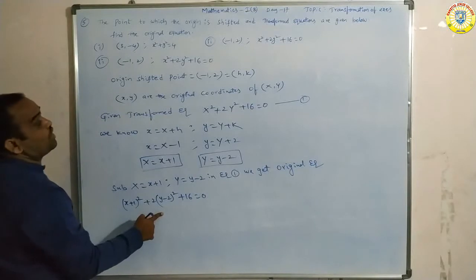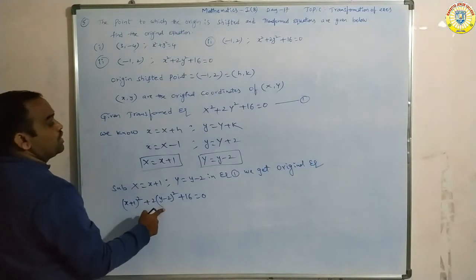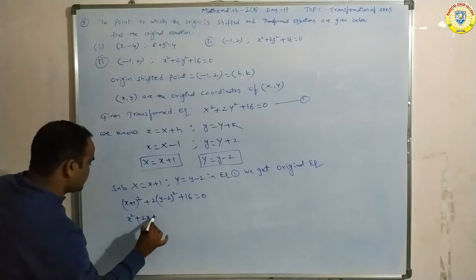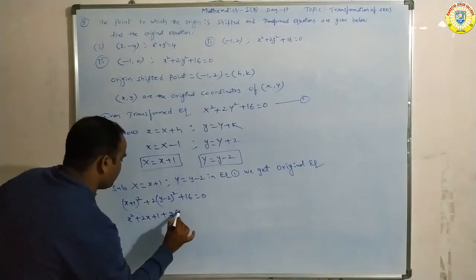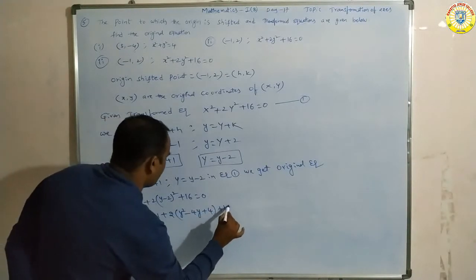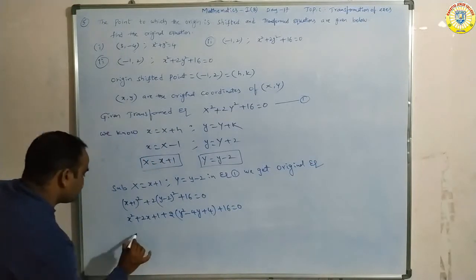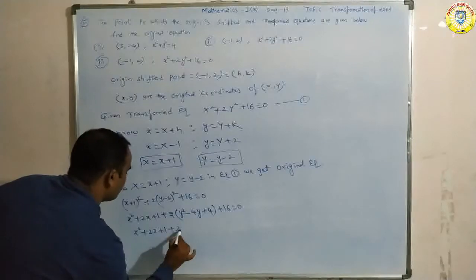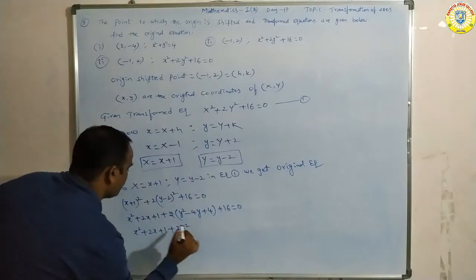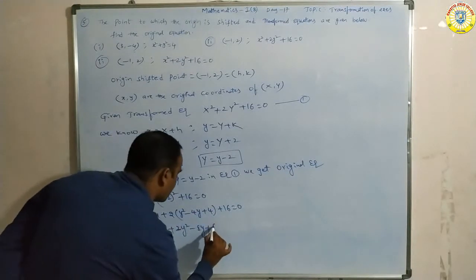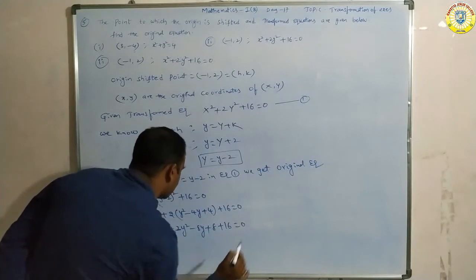Now we simplify: x square plus 2x plus 1, plus 2 into y square minus 4y plus 4, plus 16 is equal to 0. That gives x square plus 2x plus 1, 2y square minus 8y plus 8, plus 16 is equal to 0.